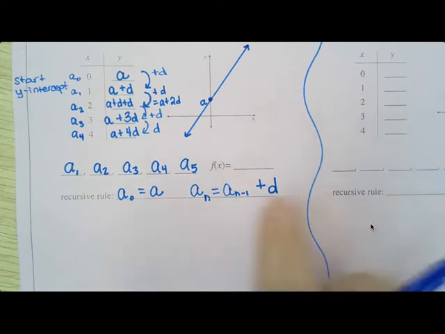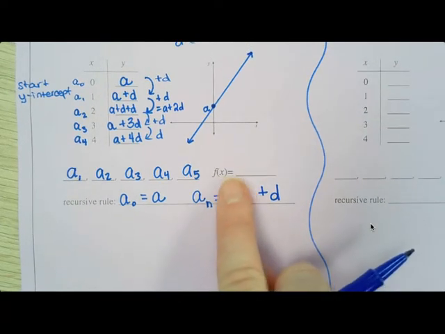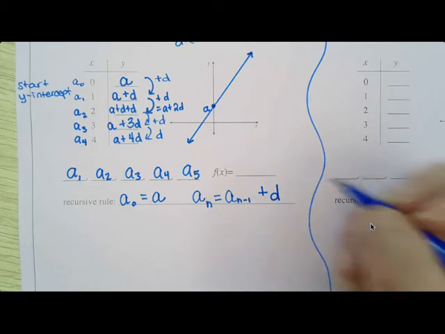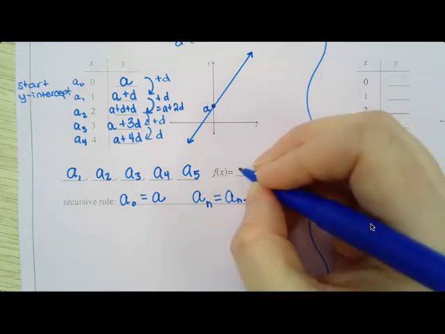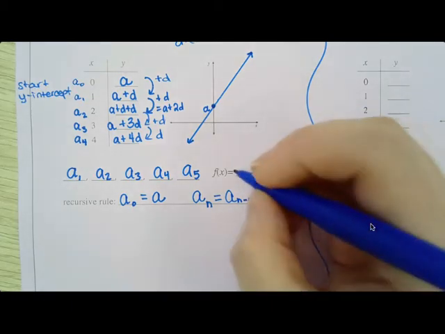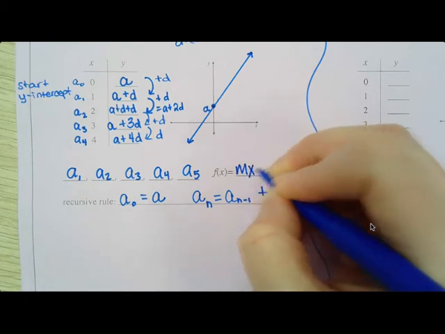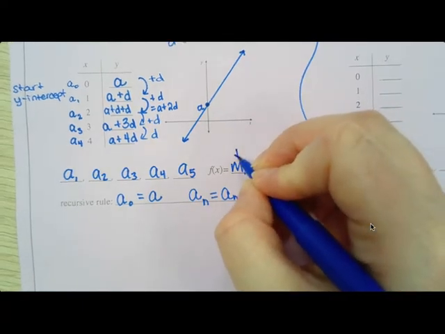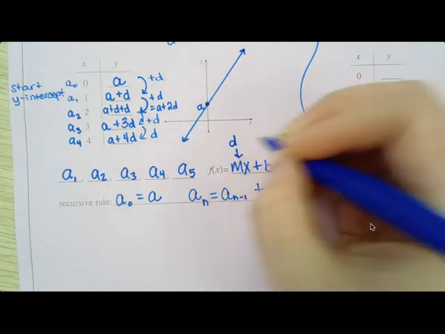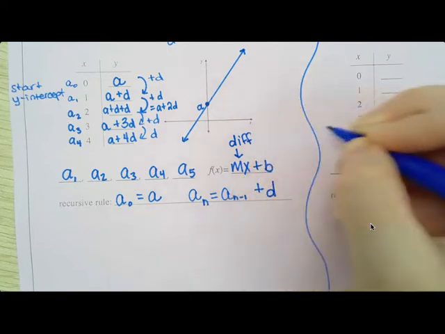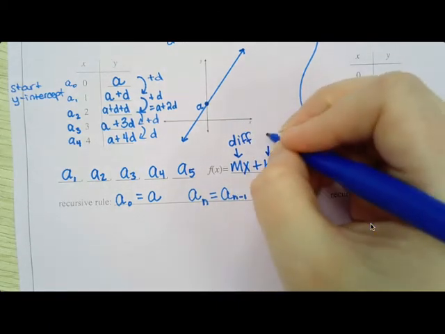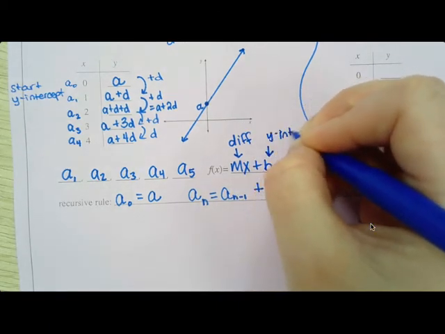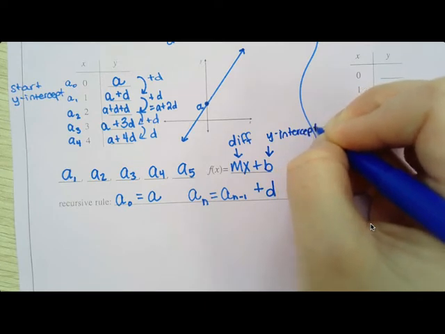And then our function, it's a linear function. So linear functions are written as mx plus b. f(x) is the same thing as y equals. Where m is your common difference, and b is your y-intercept or our start.